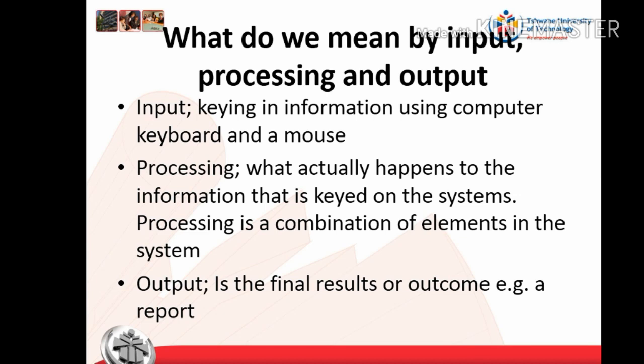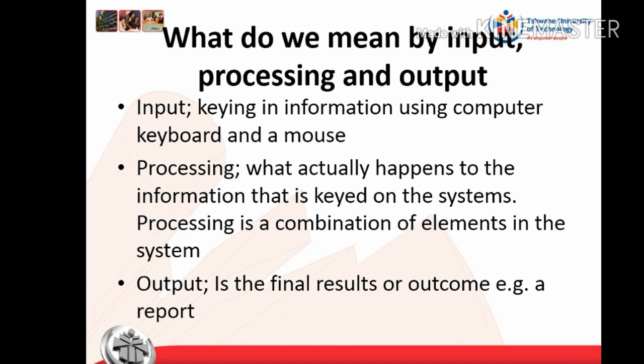Input, we say it is when you key in information using a computer keyboard and a mouse. Processing is what actually happens to the information that is keyed into the system. Processing is a combination of elements in the system. Output is the final results or outcome.